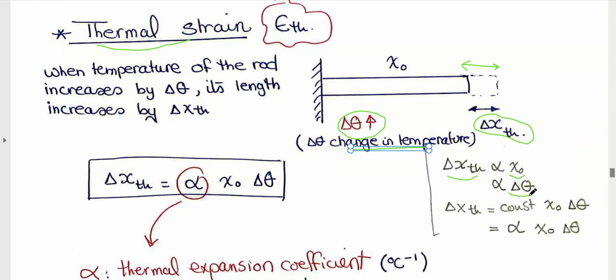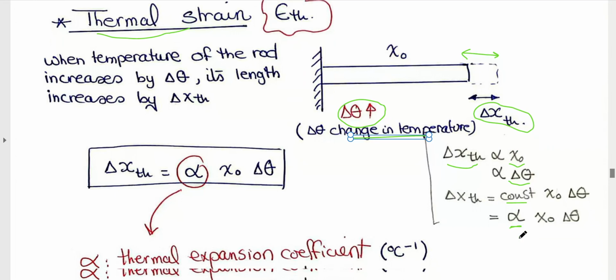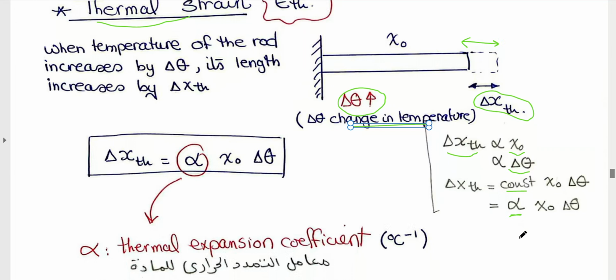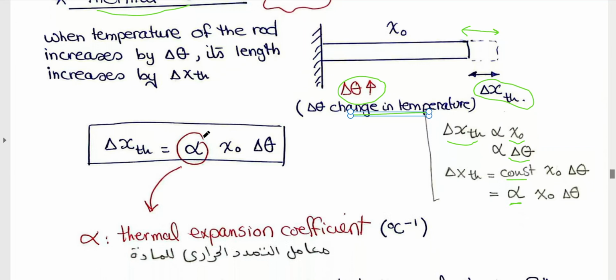Also proportional to delta theta. For sure, if you increase more, you will have delta x thermal increased more and more. So we can write delta x thermal equals constant times x naught delta theta. This constant, we note with the symbol alpha, which is called the thermal expansion coefficient of the material. It depends on the kind of the material.